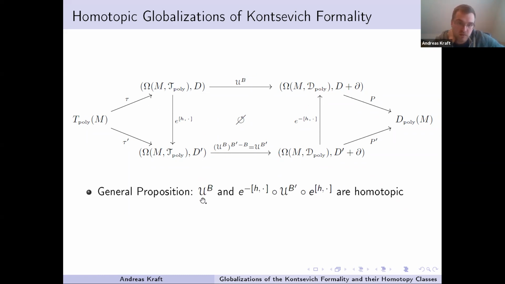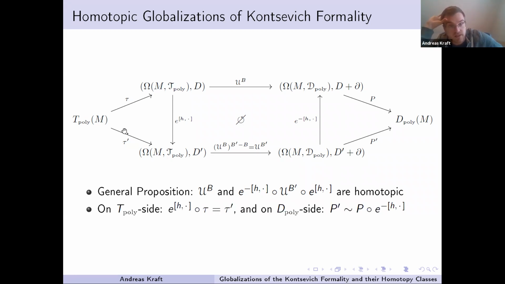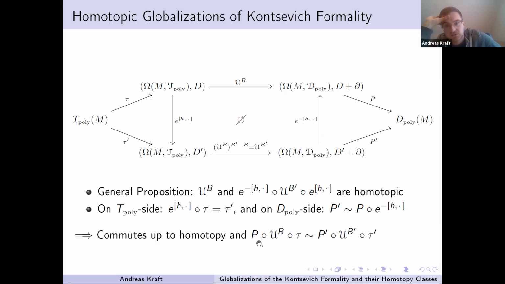So the fiberwise formality twisted by b is homotopic to this composition. And well, then one can check that this triangle here commutes even directly, and that this triangle commutes up to homotopy. But well, then the whole diagram commutes up to homotopy, and the one globalized formality is homotopic to the other one, which is just the way downstairs.